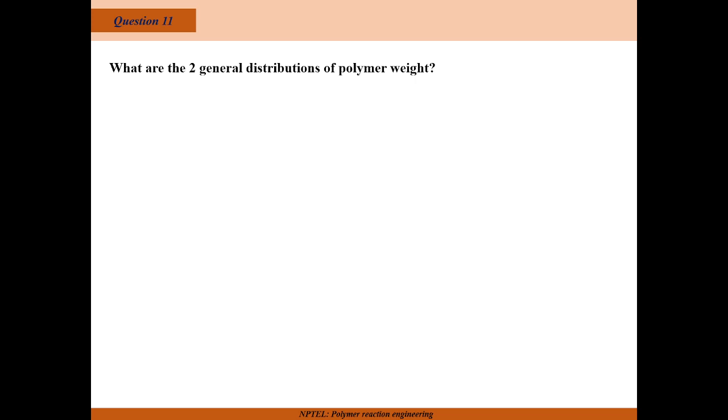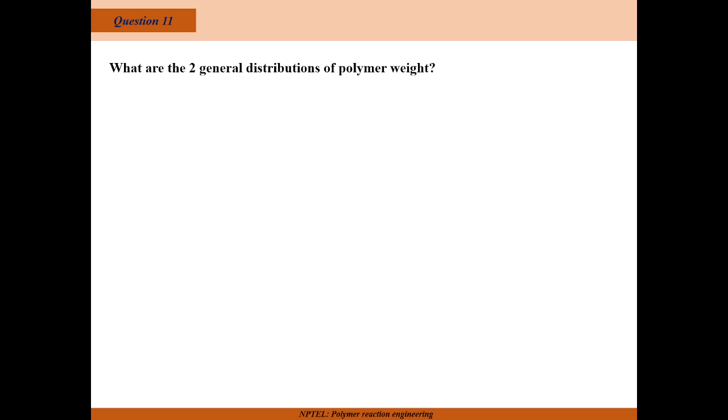Okay, so in this question, what are the two general distributions of a polymer weight? There are two kinds of ways we generally talk about the distributions in the polymer molecular weight.